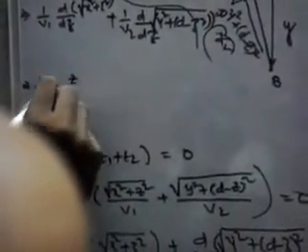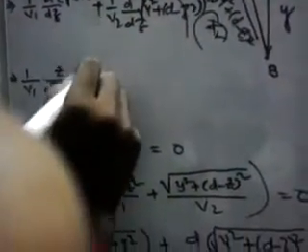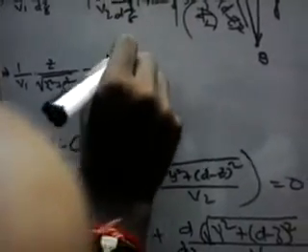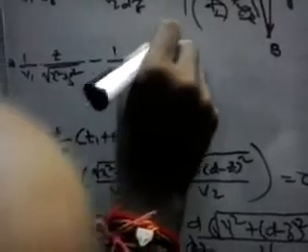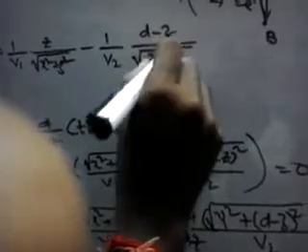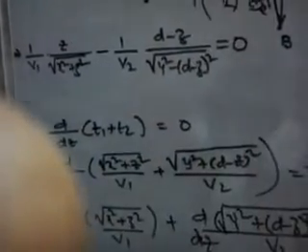This is 1 by v1, and the derivative is z by root over x square plus z square. This is minus 1 by v2, times d minus z by root over y square plus d minus z whole square, equals 0.